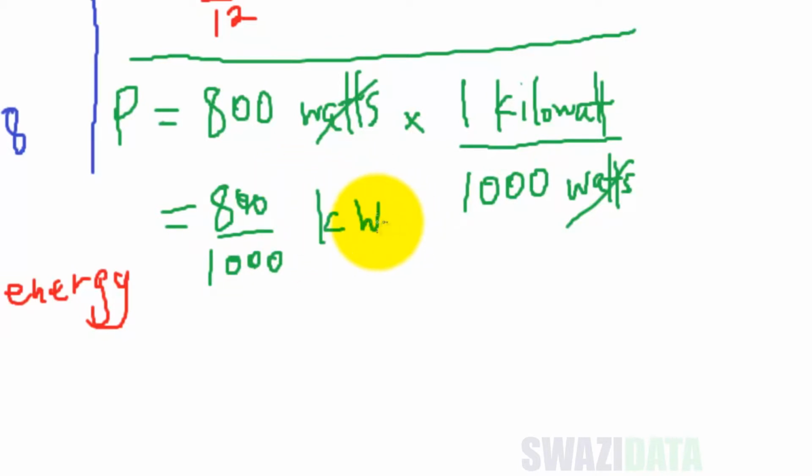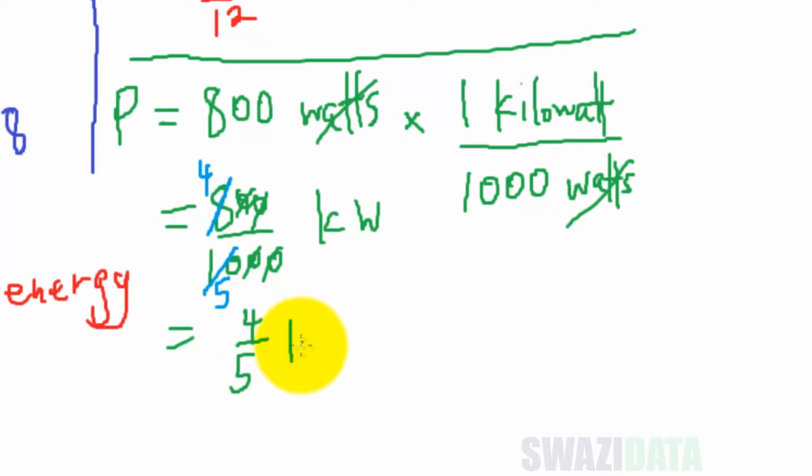Cancel the zeros, divide by 2, and the answer is 4 over 5 kilowatt.